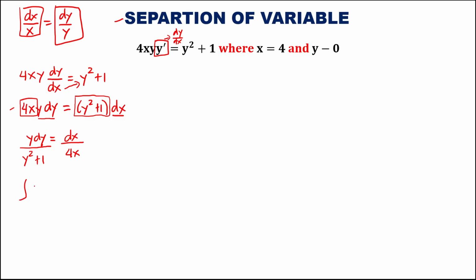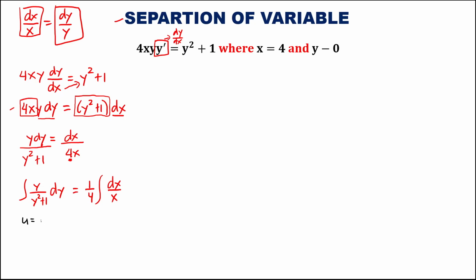So the integral of y over y squared plus 1, then the dy, then equals, for this side, we need to put this denominator 4 outside. So this is 1 over 4, then the integral of dx over x. Then to evaluate the integral, for this term we're going to use the u substitution.